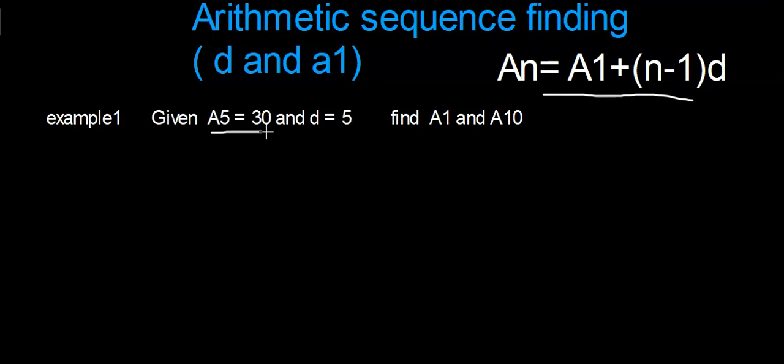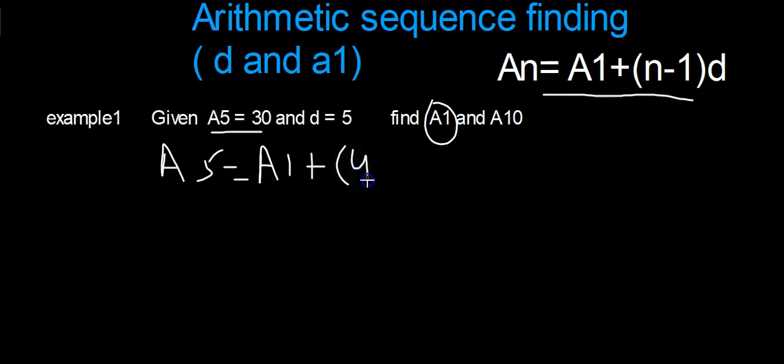So I say a5 equals a1 plus n minus 1, which means 5 minus 1, so 5 minus 1 is 4, times d. So now we have a d, so it's so easy.